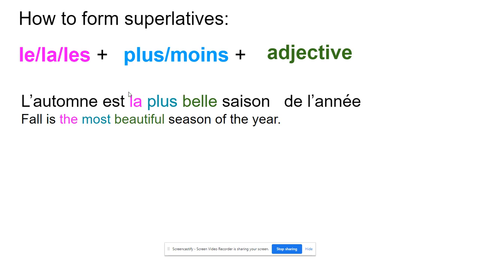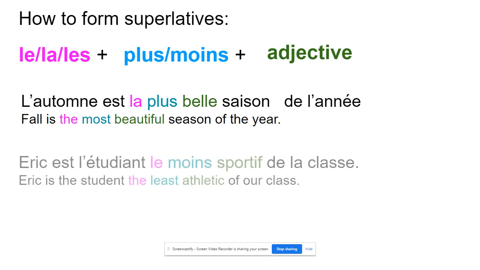So we're choosing la, okay, la plus belle. Now, our adjective, because it's describing something feminine, has to be in the feminine form. Okay. I do want to point out here, I'm going to give you another couple examples, and then we'll talk about the position of those superlatives.